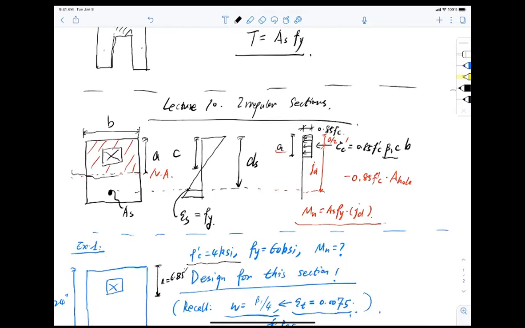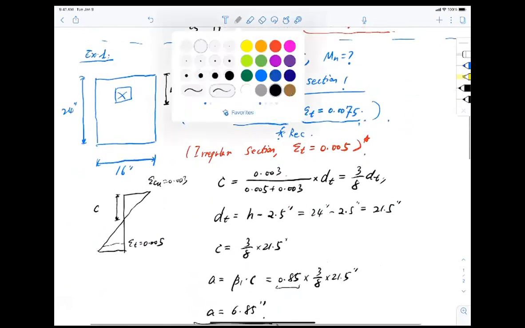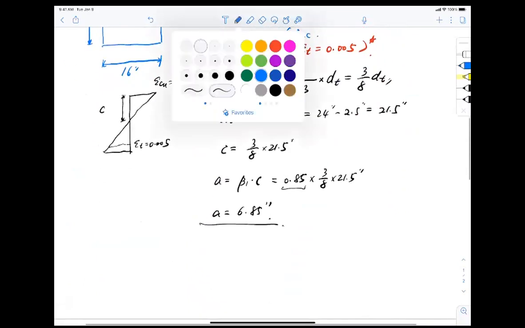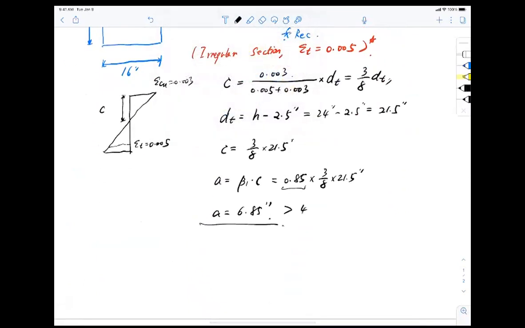So let's check, right? I didn't give you that information, so now I have it. I know the opening is 2 inches apart from the top. Itself it has 2 inches of height, and the width of that is 4 inches. So comparing the 6.85, I know this has to be greater than the 4 inch.